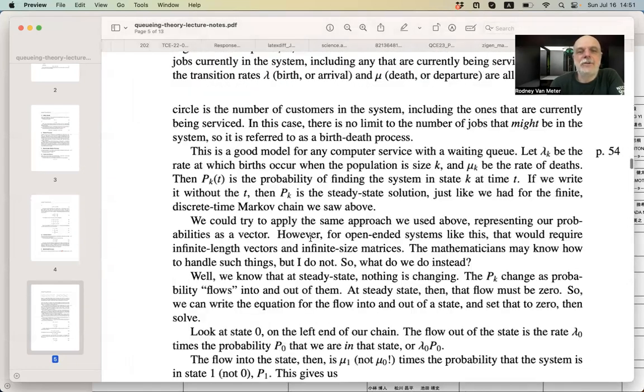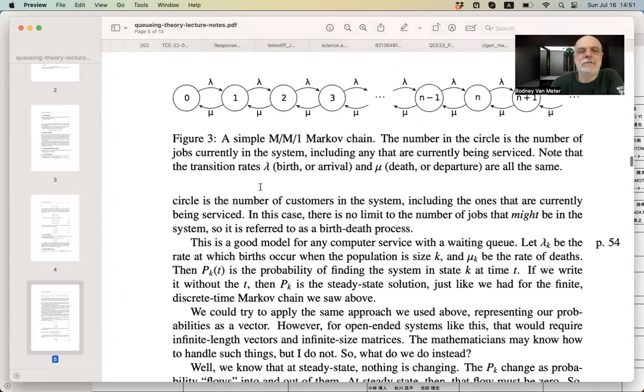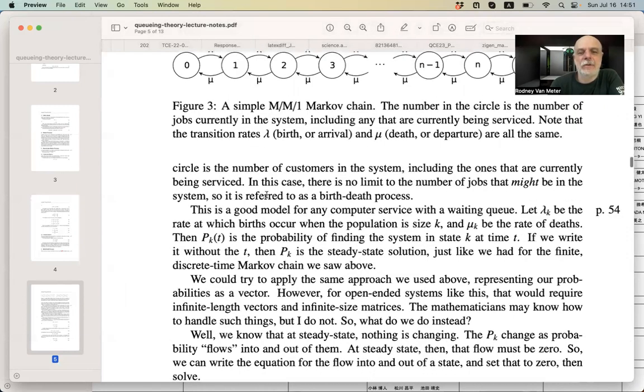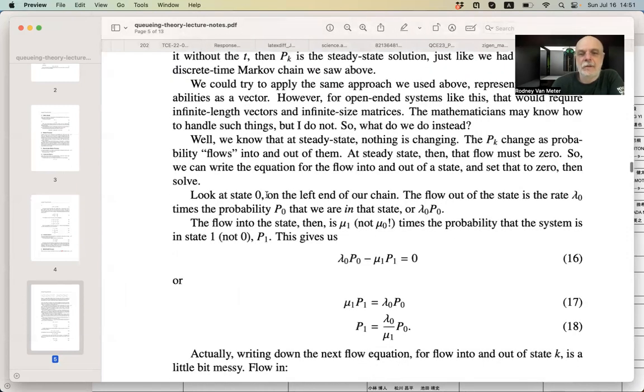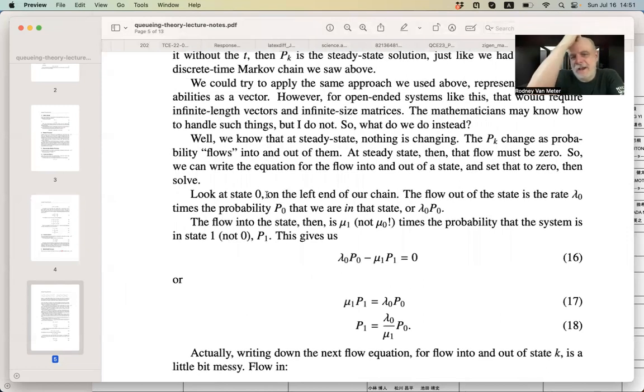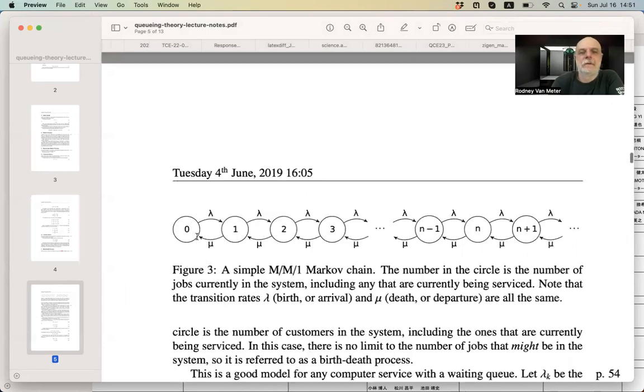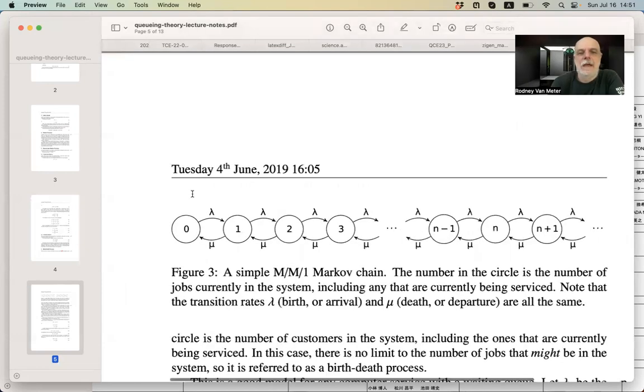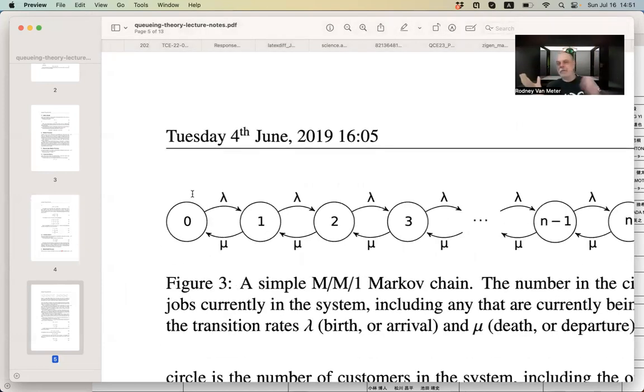We can do this by treating each of these edges in the system as a flow and figuring out how much water or whatever is flowing from state to state and is in each node, and we'll let that amount of stuff in our node represent the probability that we're in that node.